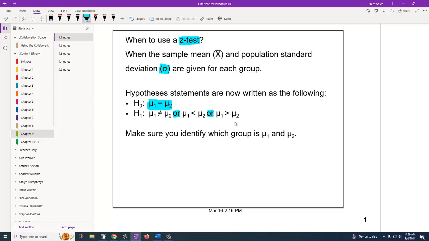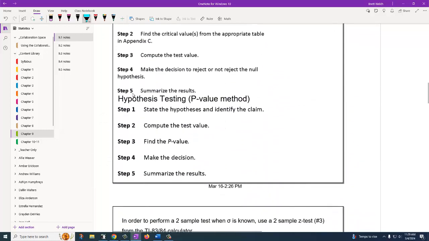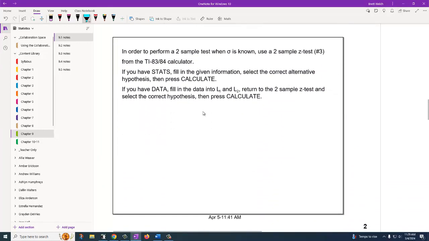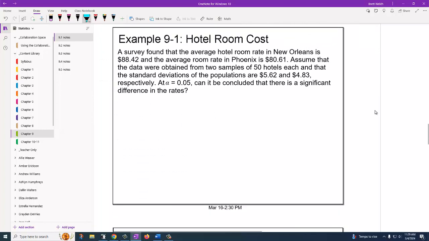Because if the question is worded so that mu1 is less than mu2, but you put the data in backwards in your calculator because you can't keep track of what's group 1 and what's group 2, you're going to get yourself into some trouble. All right, we're going to use the p-value method here, so let's take a look at how to do that in our calculator.